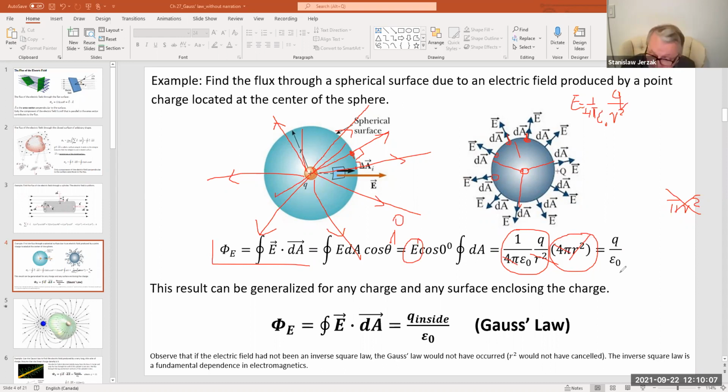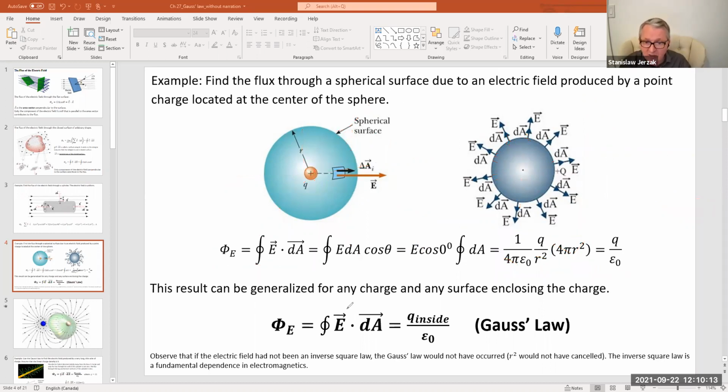So in this particular case, what we have proven is that the total flux through that spherical surface is equal to the charge Q, which is located inside the spherical surface, divided by epsilon 0.